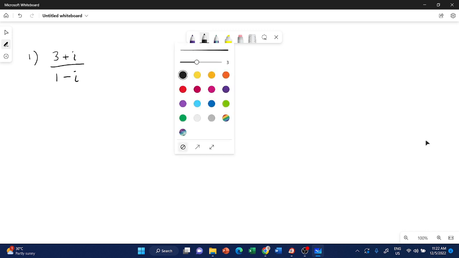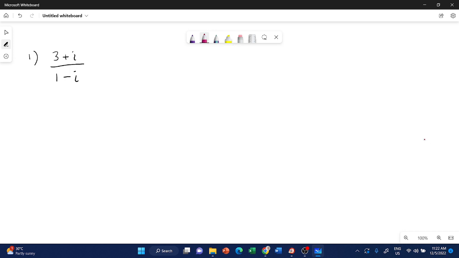So to do that, you are supposed to multiply with the conjugate of your denominator. You are supposed to change this fraction into a new one. The new one uses the conjugate of your denominator. So the denominator is 1 minus i, so the conjugate of your denominator is 1 plus i, correct?